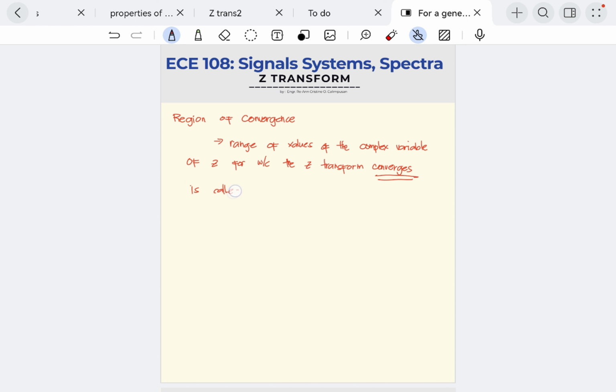So let's cite an example. We have x of n equal to alpha to the n times u of n, where alpha is a real number.